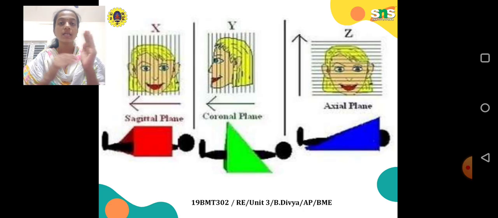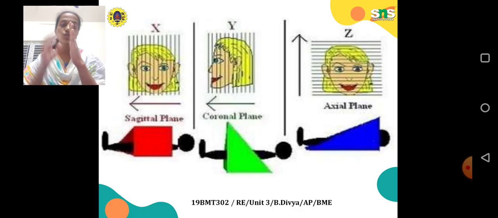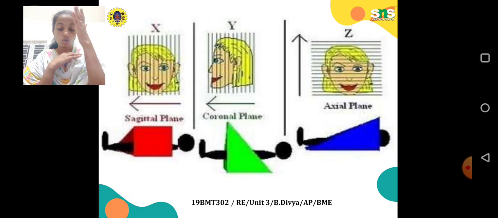The X coil scans the particular part from right to left position, whereas the Y coil scans from front to back, and the Z coil scans from head to toe.